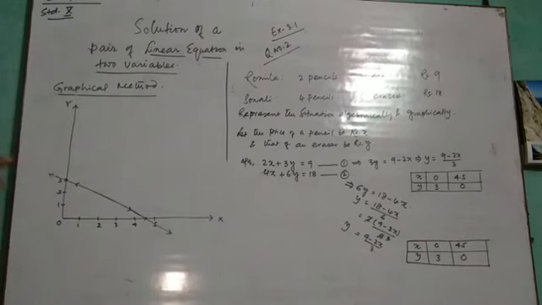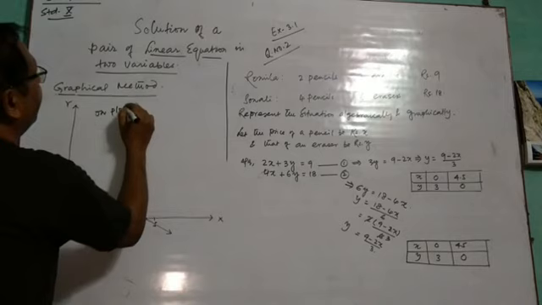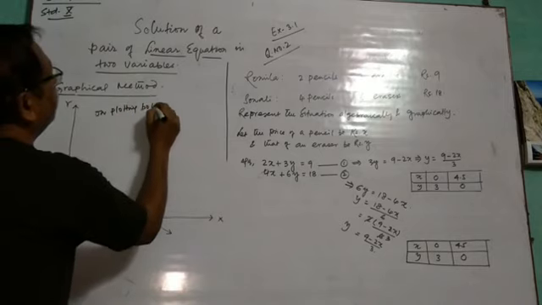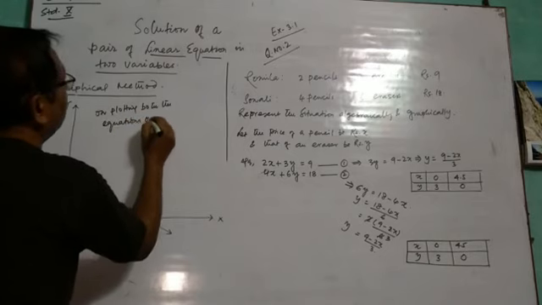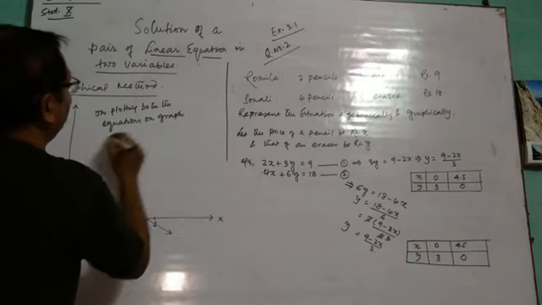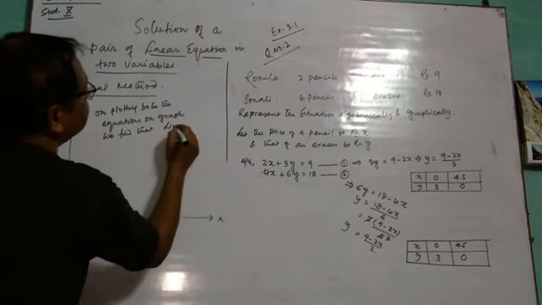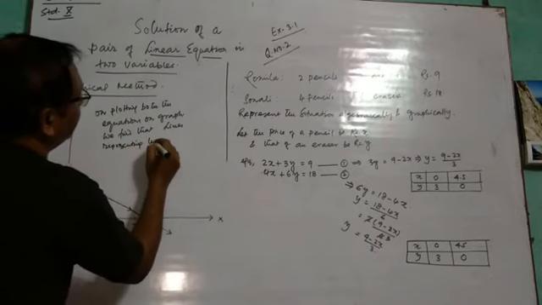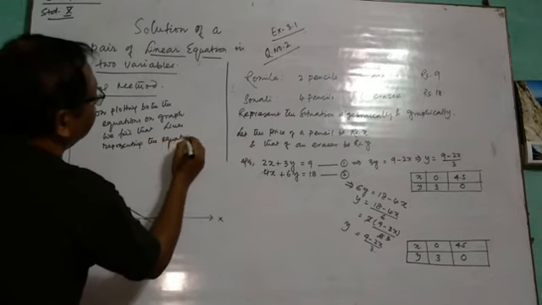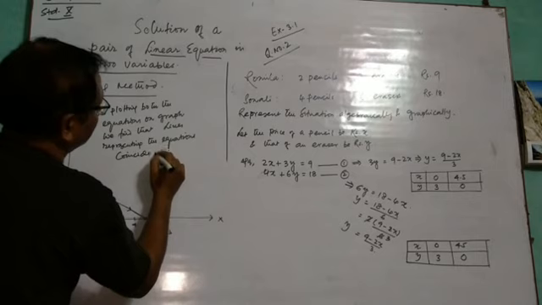All the work on the graph you will do with the help of a pencil and a scale, and after that you will write: on plotting both the equations on graph, we find that lines representing the equations coincide with each other.